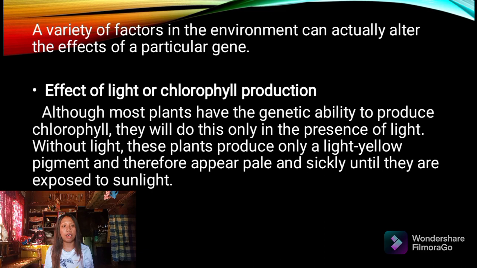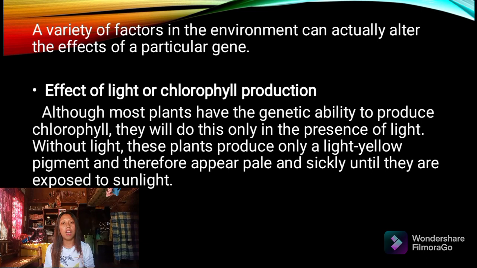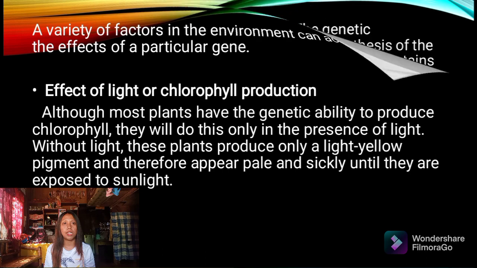Although most plants have the genetic ability to produce chlorophyll, they will do this only in the presence of light. Without light, these plants produce only a light yellow pigment and therefore appear pale and sickly until they are exposed to sunlight. After a few days of exposure to sunlight, the chlorophyll production mechanism is enabled and green color returns.